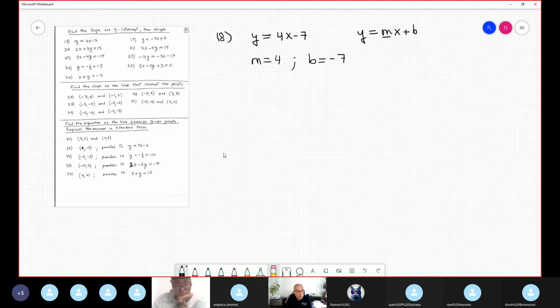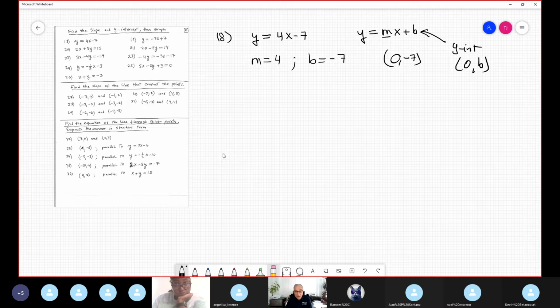Remember the interpretation: the slope is 4, and b represents the y-intercept. Any y-intercept is expressed like (0, b), and b in our example is -7.